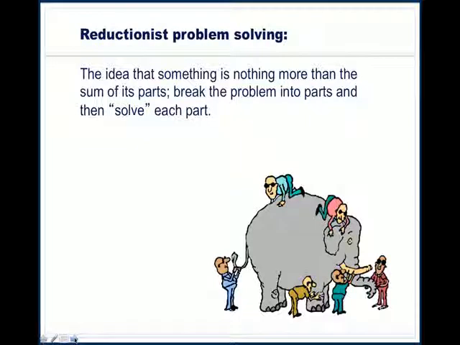So the one who grabs the tail says that an elephant is like a snake, and the one that grabs the leg says the elephant is like a tree trunk. Each believes they have described the elephant because they are encountering it with just their hands and not sight.